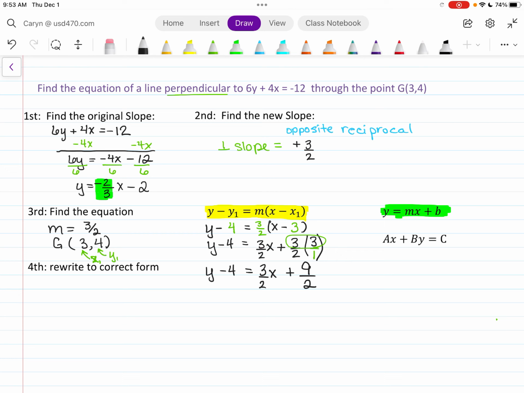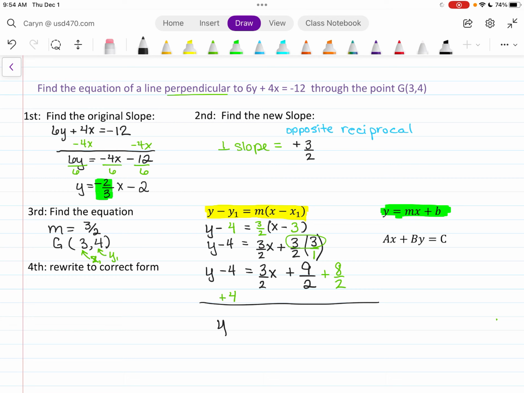Okay. Now, my final goal is to get that y by itself. So let's move the 4 to the other side. But when I move it over here, I need to put it with that fraction. So instead of writing it as 4, I'm going to write it as 8/2, because 8/2 equals 4.